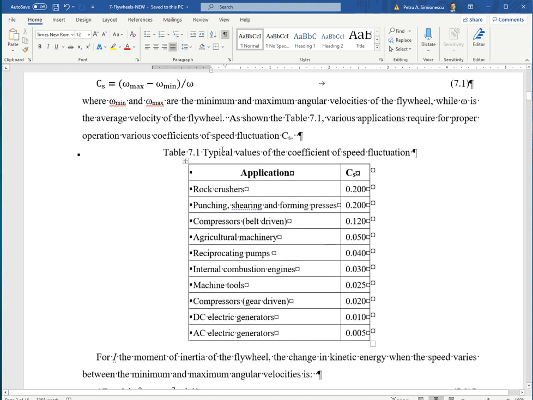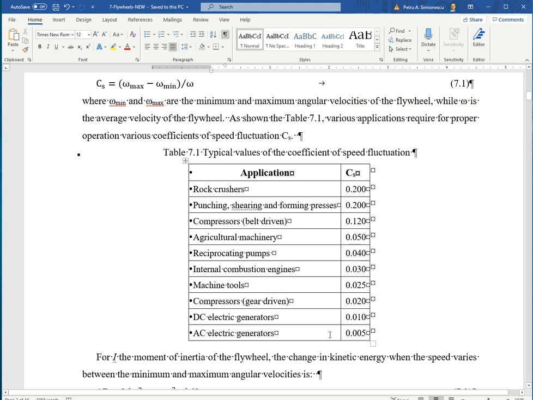And there are some recommendations here in this table on what typical values coefficient of speed fluctuation should be for various applications. So machine tools, you can see here in general, punching and forming presses would be your case, rock crushers, agricultural machinery.